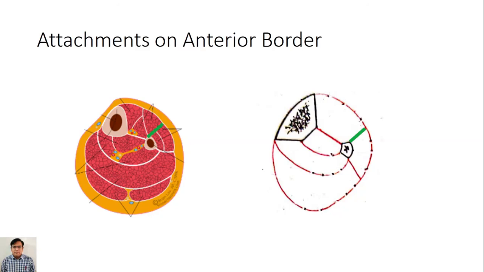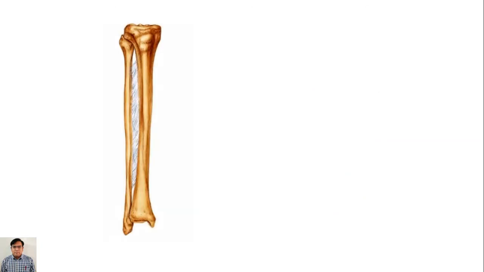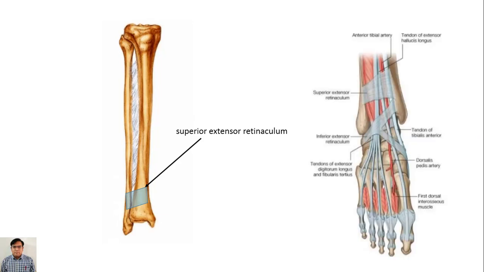It is the anterior intermuscular septum, which divides the leg into anterior compartment and lateral compartment. Another attachment, in the lower part of the fibula, is the superior extensor retinaculum, as shown in this photograph.